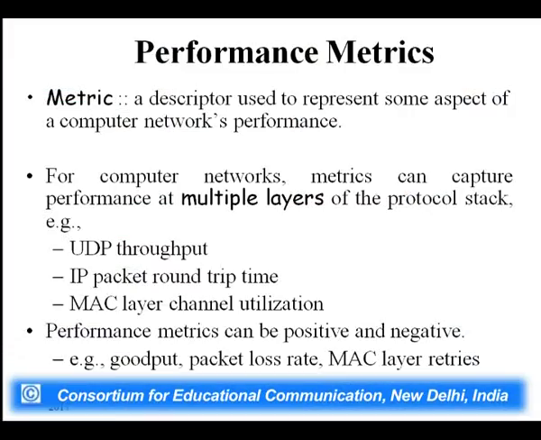Now, if you look at the overall performance, the metric which you measure can be either positive or negative. For example, I may be interested in measuring the goodput, that is how well it performs. Second, I may be interested in measuring the packet loss rate, that means the rate at which packets are being lost in the network. That is a kind of negative metric.